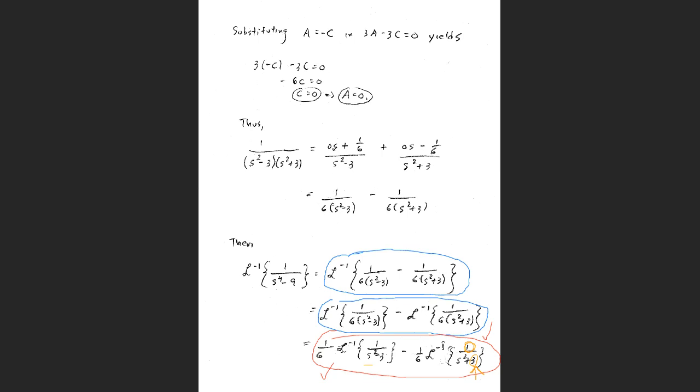So what we'll do, I'll go to the next page here if everybody's good. Okay, so what I did was I rewrote what we had here. I introduce a root 3 in the denominator and the numerator.